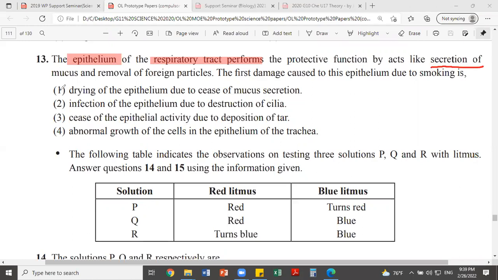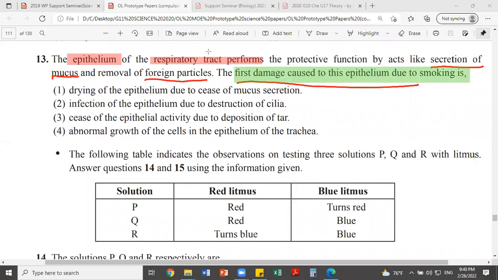To trap the dust and germs and to keep the surface moist, and removal of foreign particles. So with the inhaled air, the foreign particles get trapped in mucus. The first damage goes to the epithelium due to smoking. Don't let anyone smoke in front of you, right?